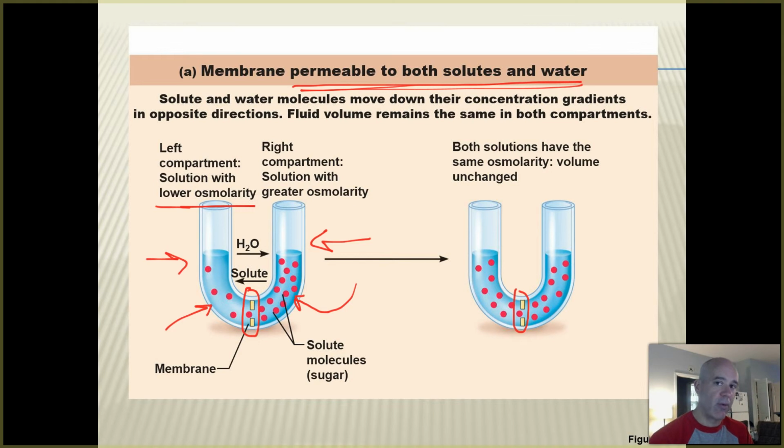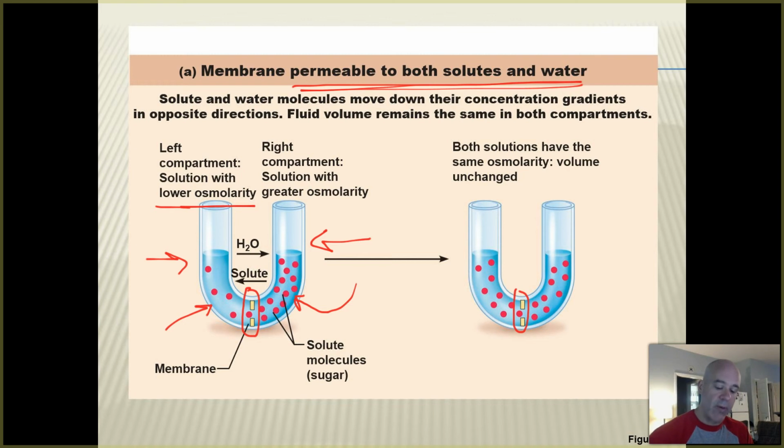So that's going to be different from a cell membrane. We've already said that cell membranes don't allow sugars across. Sugars are hydrophilic, so those are only going to move across if there's a carrier protein of some kind to move them across. But in this case, everything can move across that membrane, and diffusion is going to take place.